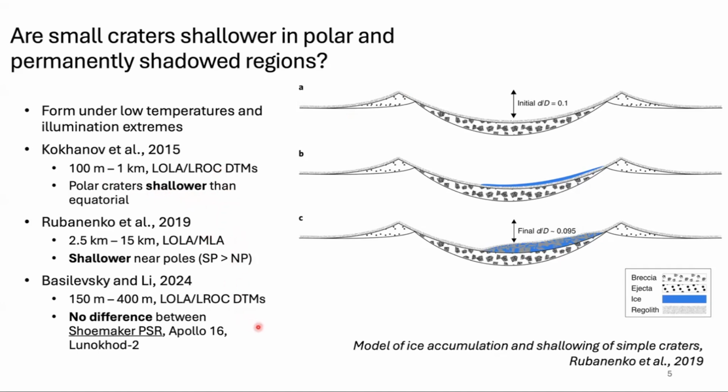But then one study looking at the Shoemaker PSR using 150 meter to 400 meter craters concluded that there was no difference in the craters looked at. So this was the question we were trying to address, and we wanted to use ShadowCam data to do that. And some of the papers, for example, this is a cartoon by Rubanenko et al., hypothesized that ice or volatile enrichment in the regolith may be responsible for that difference in depth diameter.